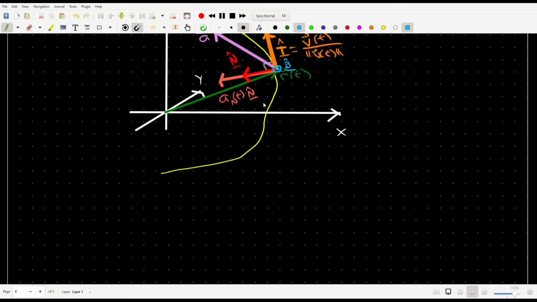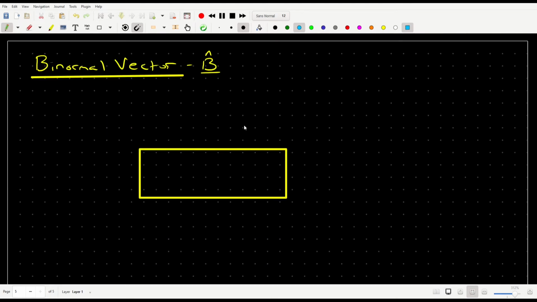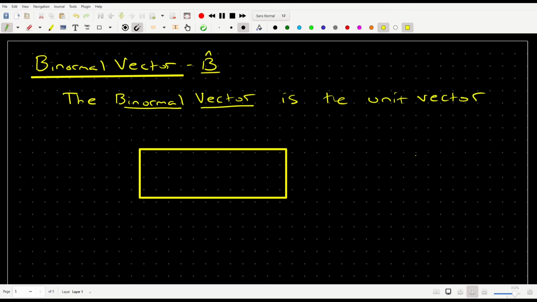And this has the notation capital B hat. And this is the unit vector that is perpendicular to both t hat and n hat at any point on the curve.